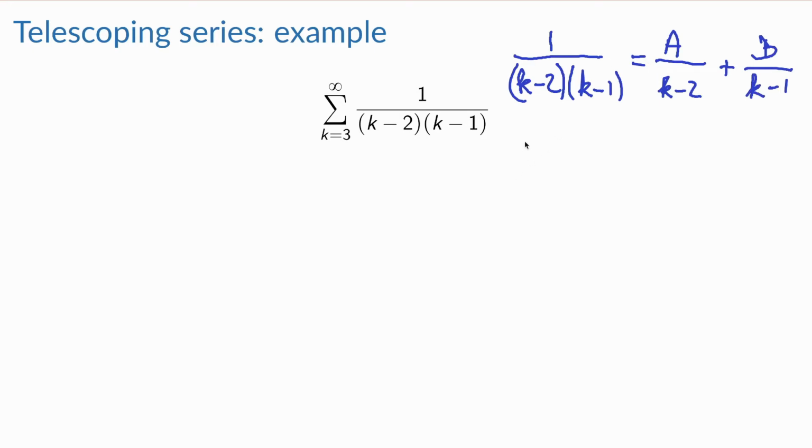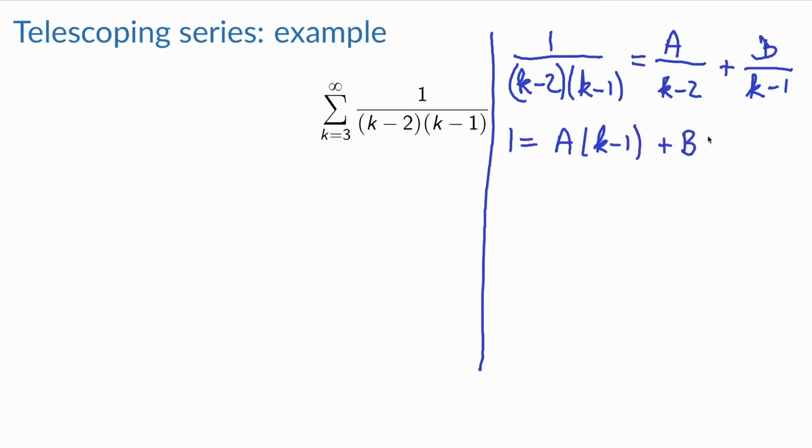And we cross multiply. Let me go ahead and draw a little line down here. On the left, we're going to work out the series, and on the right, we're going to do this partial fraction decomposition. So that gives us that 1 equals a times k minus 1 plus b times k minus 2, by cross multiplying by the denominator.